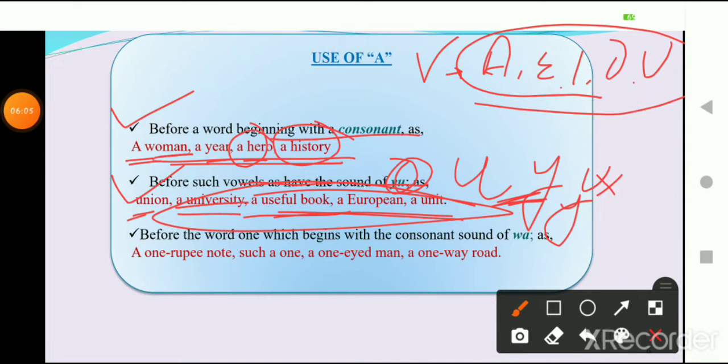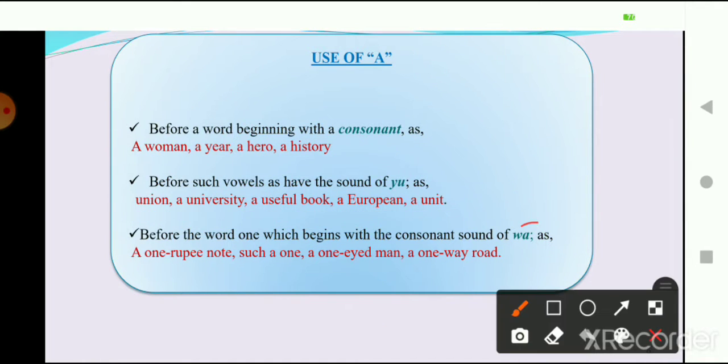Now let's talk about the third use of a, where we use the article a before a word beginning with the consonant sound of w. As with one, o is also a vowel, but we don't use an before a word where the sound of w comes when we pronounce it, like one rupee. Such a one.